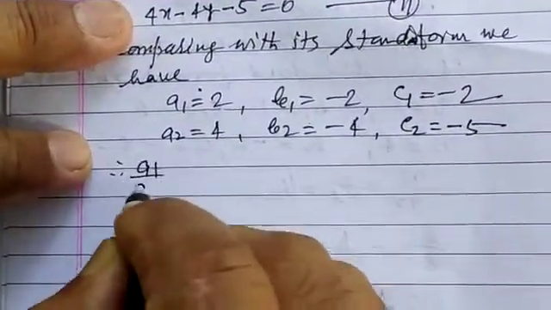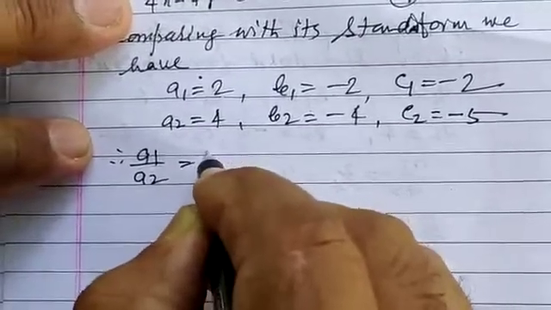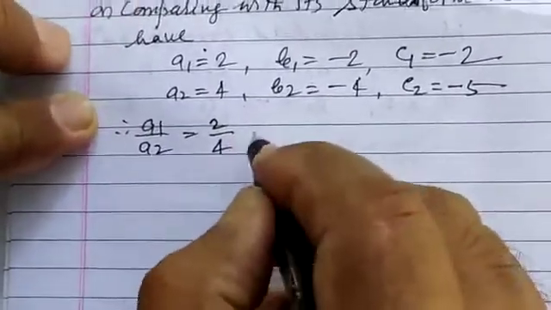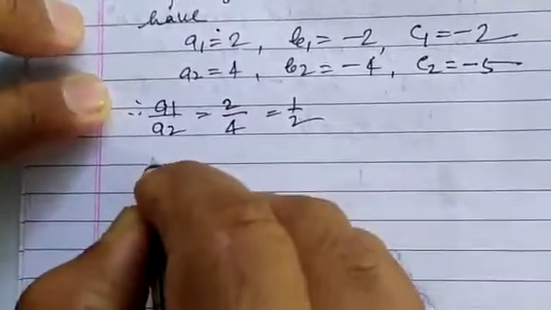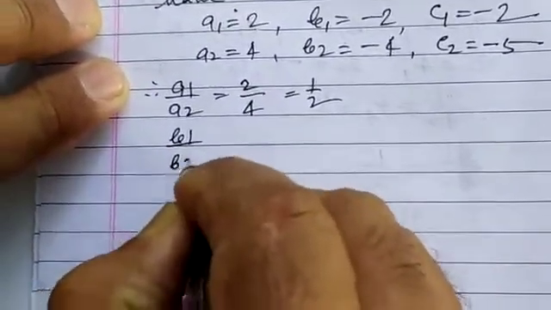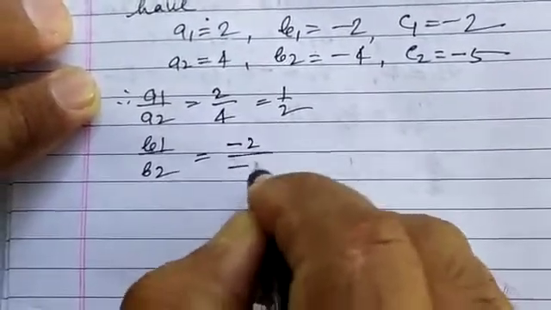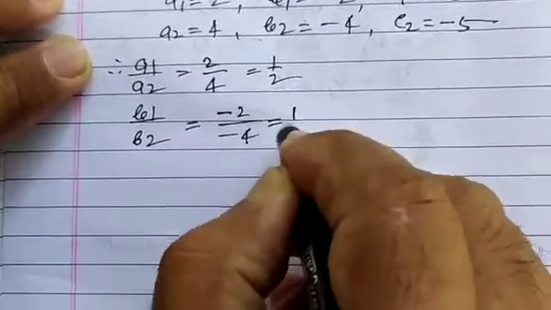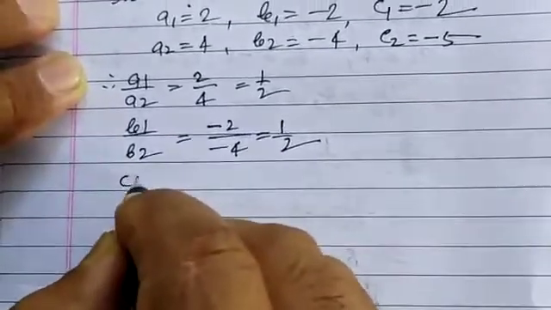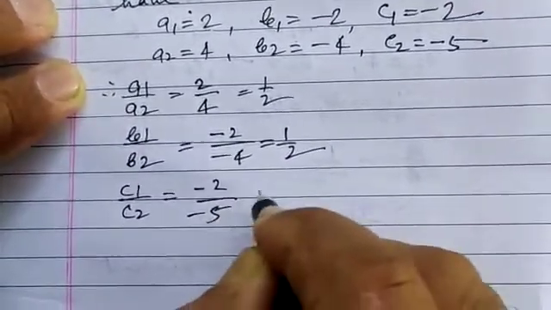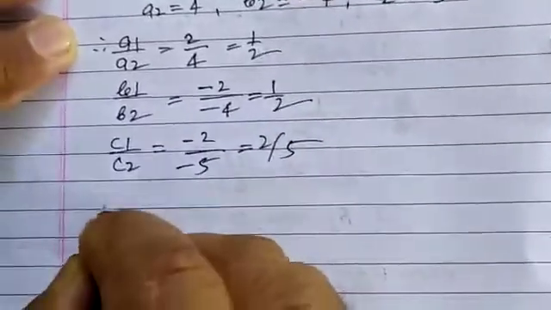Therefore, a1 upon a2 equals 2 upon 4, it is 1 by 2. b1 upon b2 equals minus 2 by minus 4, that is again 1 by 2. And c1 upon c2 equals minus 2 by minus 5, that is 2 by 5.